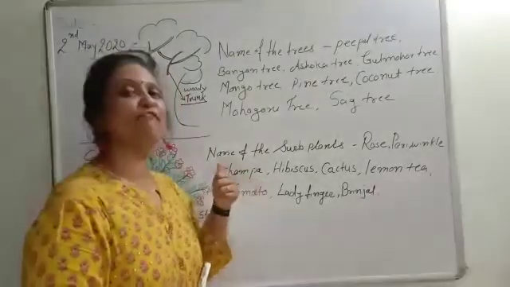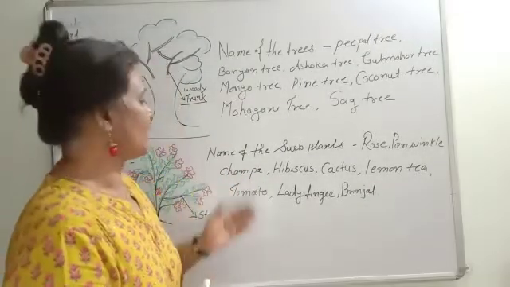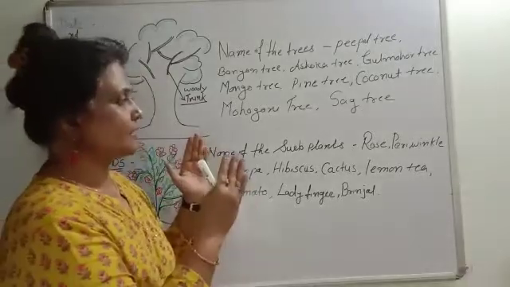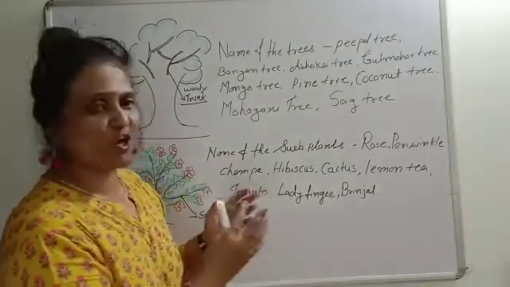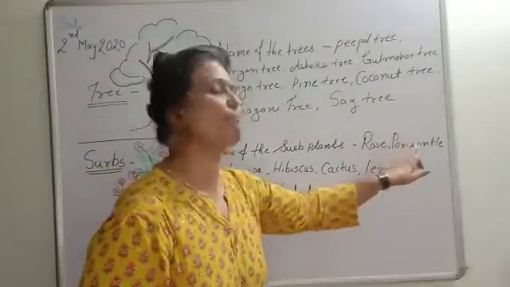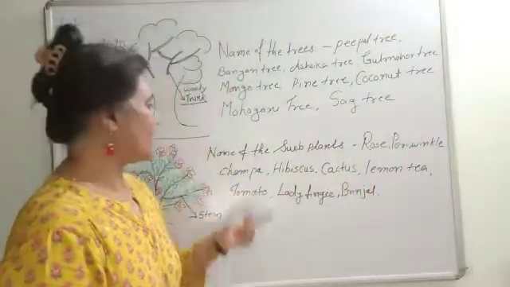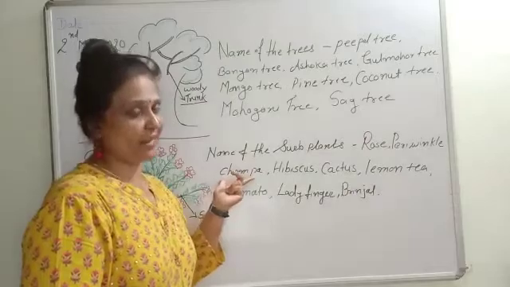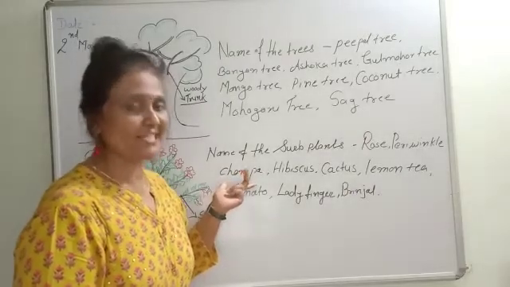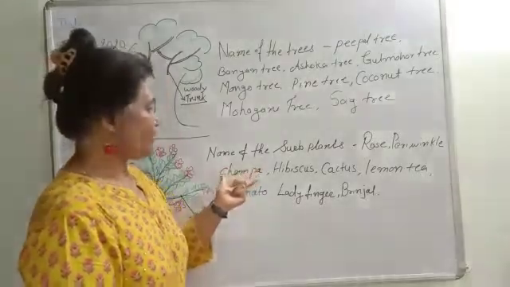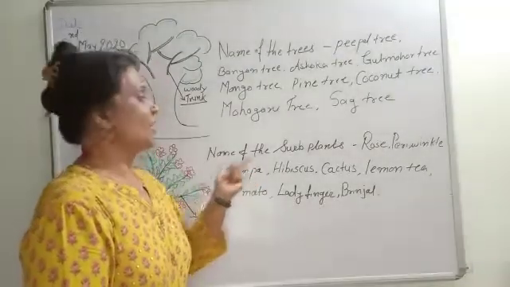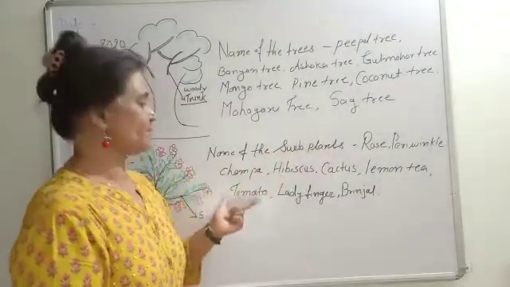Champa. Champa is one of the flower plants. It is a little bit stronger and taller than the rose and periwinkle plants. Champa plants are also called ornamental plants, garden plants, flower plants. Champa plant is one of the shrub plants.